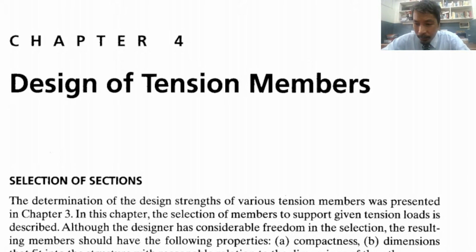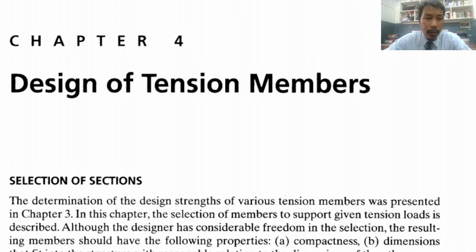However, we will still tackle some of the important concepts in design of tension members that are not discussed in the analysis of members. So there are still some concepts that we will have to look into.